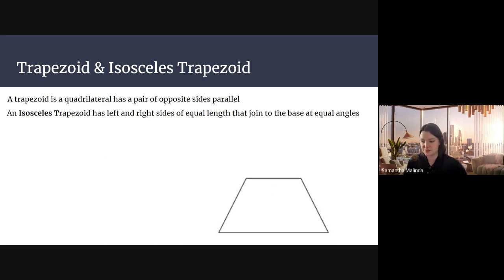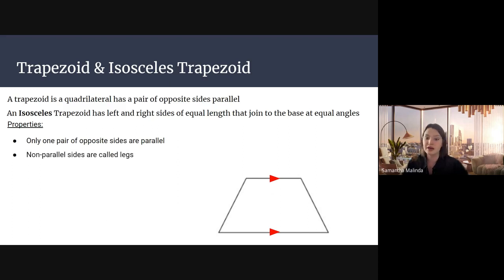But what makes it more specific is an isosceles trapezoid has the left and right sides of equal length that join to the base at equal angles. So we definitely know those are equal angles. With a regular trapezoid, that is not true. So only one pair are opposite, top and bottom. We know those are bases.